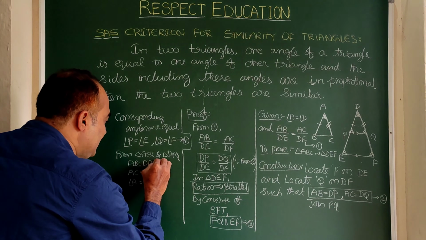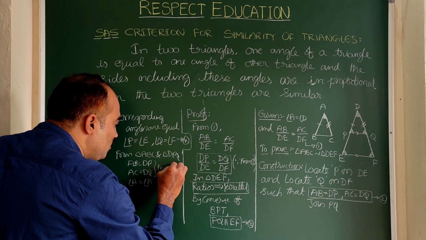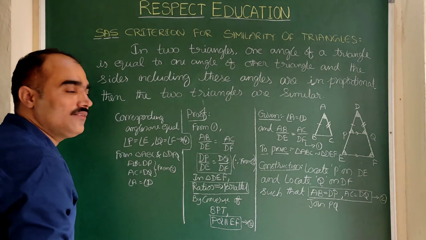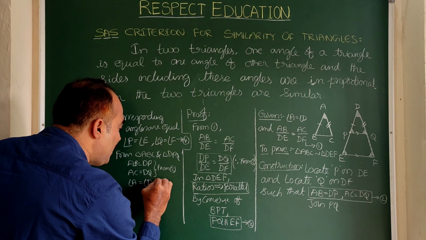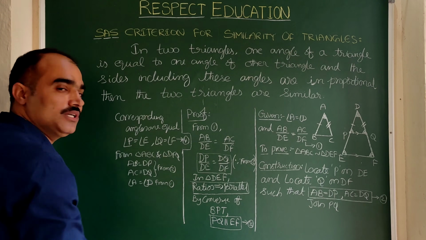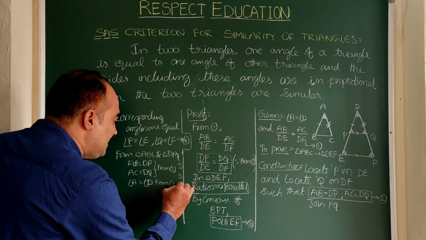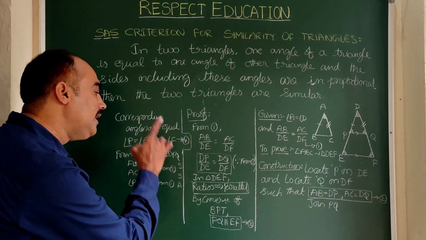So we can say these two are from equation 2. And angle A is equal to angle D, this is given, from equation 1. Here you observe, these two are sides, and this is their included angle.